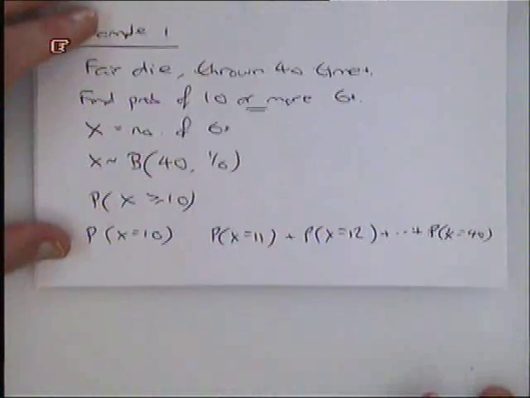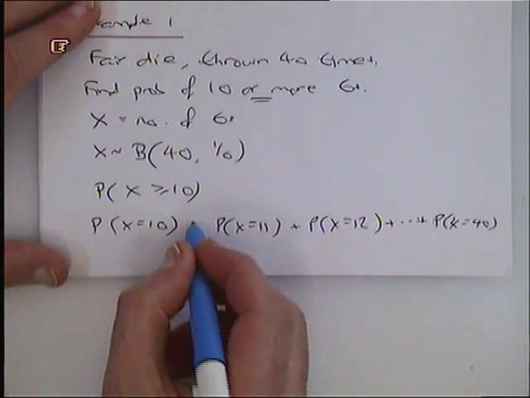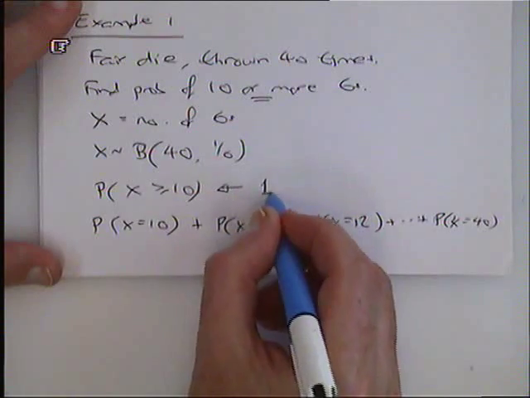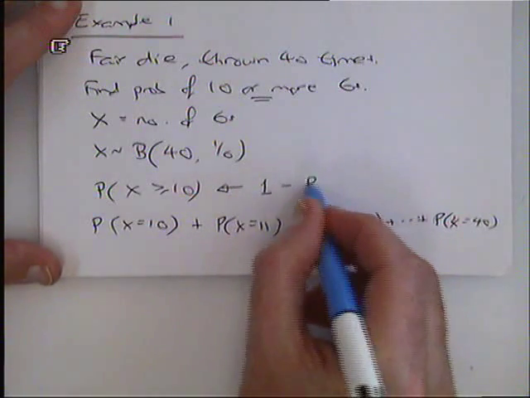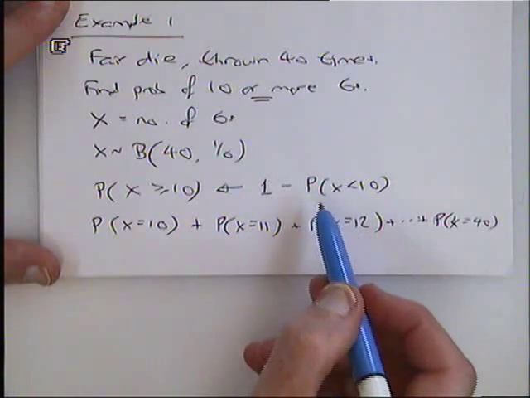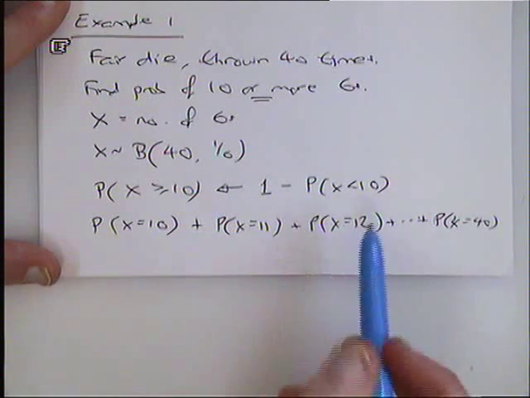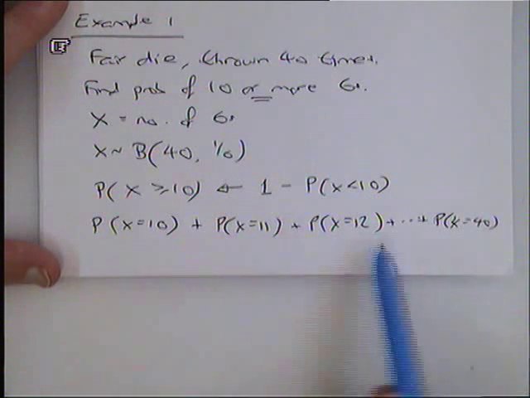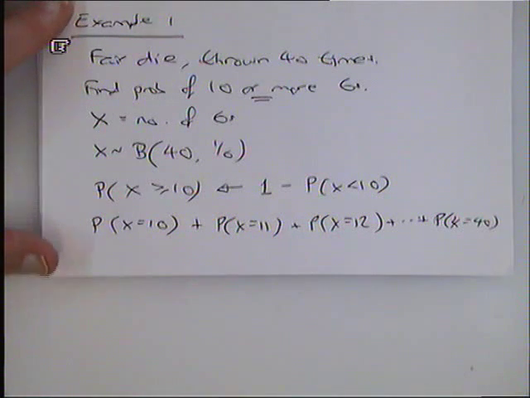If you're a little bit smarter, you would say, actually, that one there is the opposite of x being less than 10. So if I do 0, 1, 2, 3, 4, 5, 6, 7, 8, 9, I've only got to do 10 of these things and not 31 of these things as I'm doing here, which would save time.